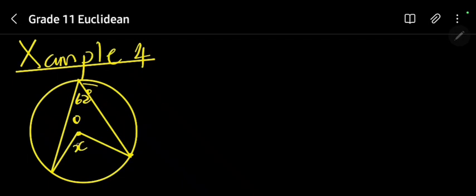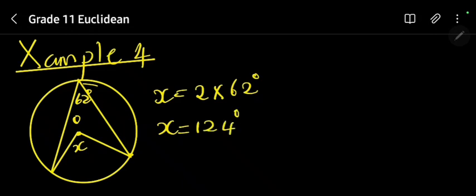We know that the angle at the center is 2 times bigger than the one at the circumference. Since the one at the circumference is 62, X is going to be 2 times 62 degrees, and our X is going to be 124 degrees.